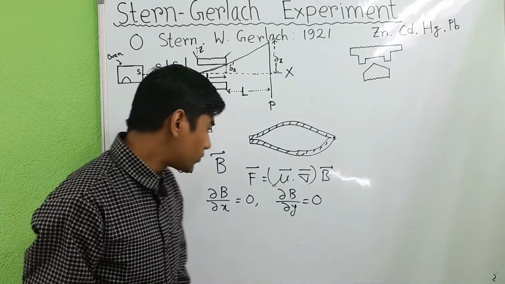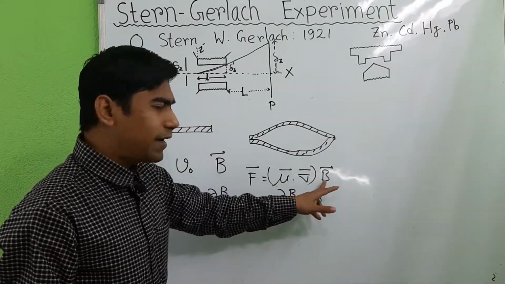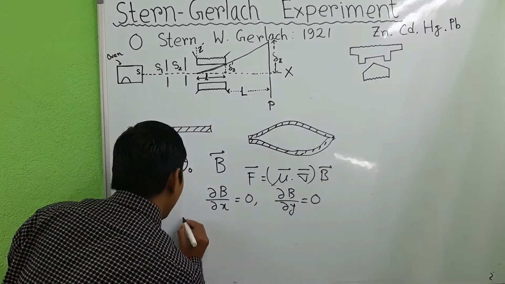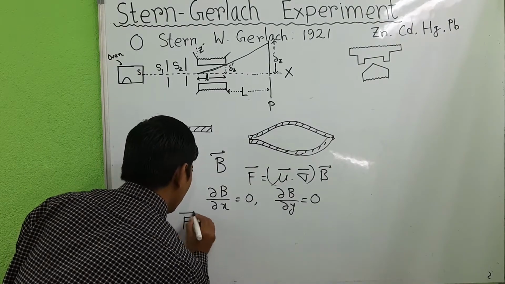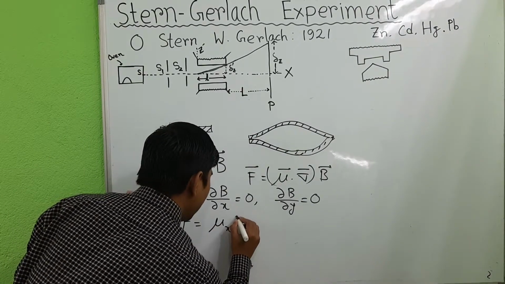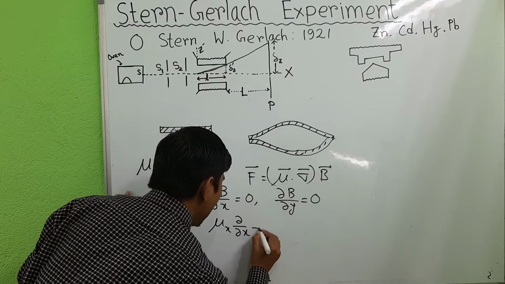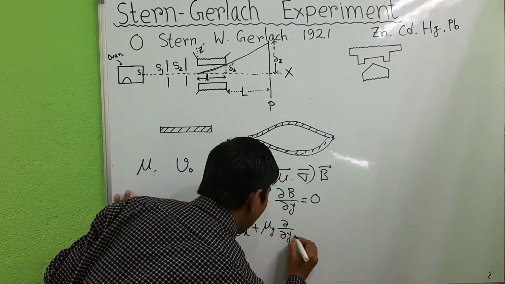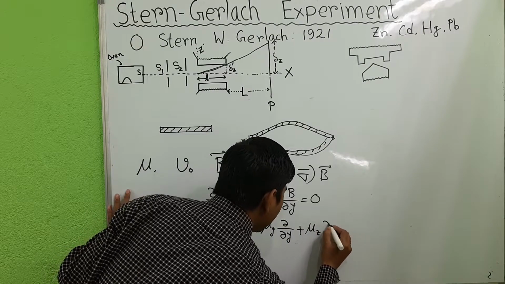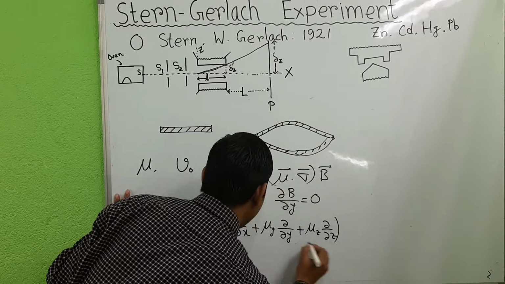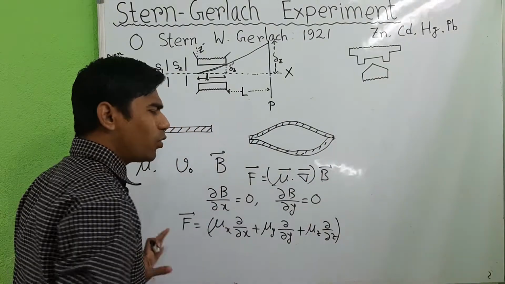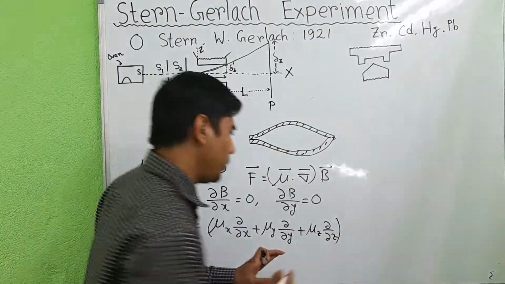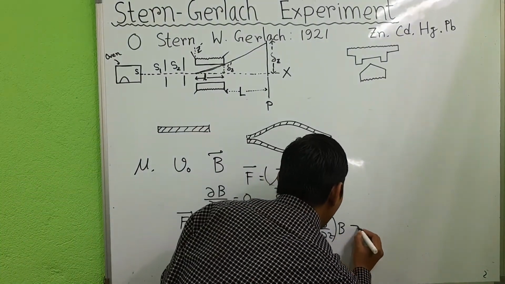Now, this equation can be written as F equals mu x del del x plus mu y del del y plus mu z del del z acting on B, and since B has only a z component, we write B z cap.